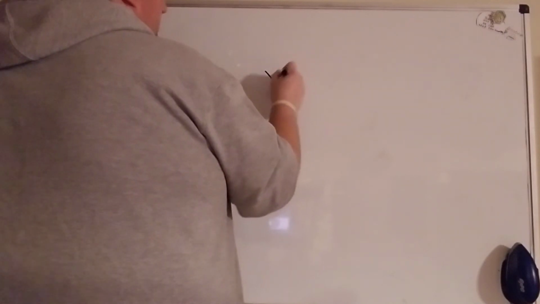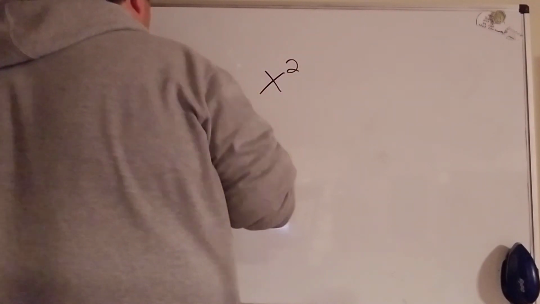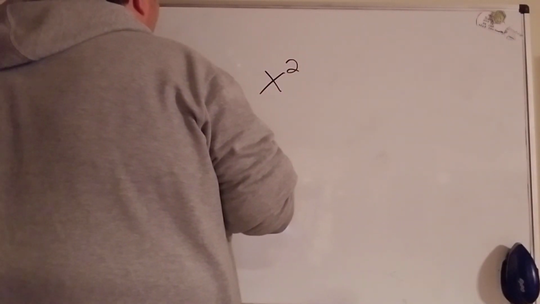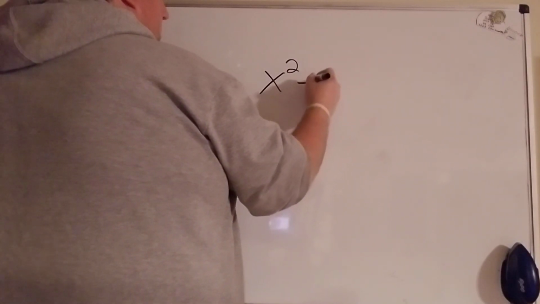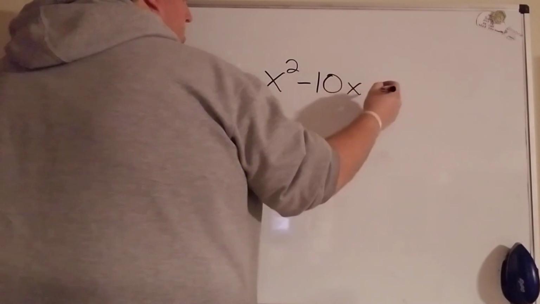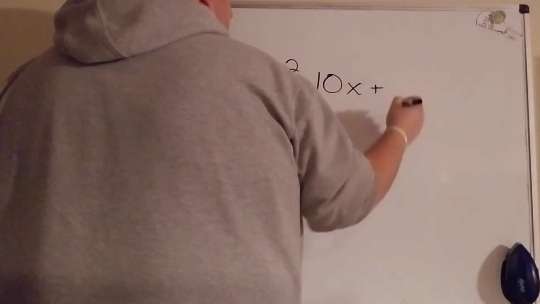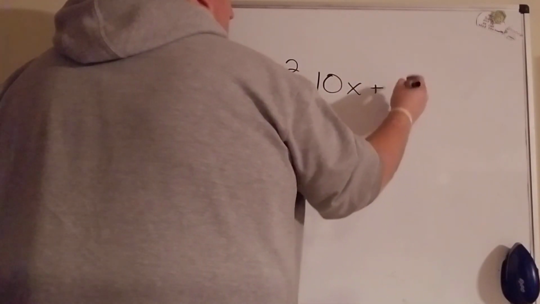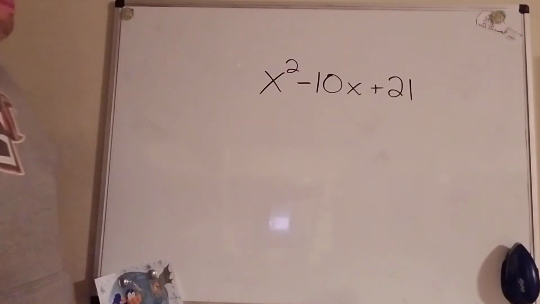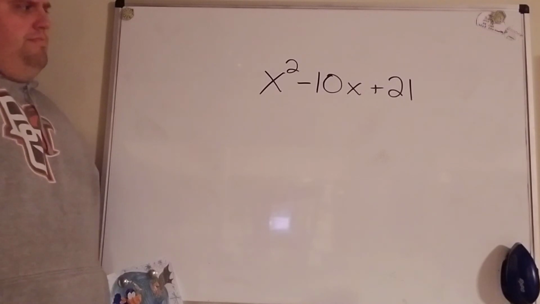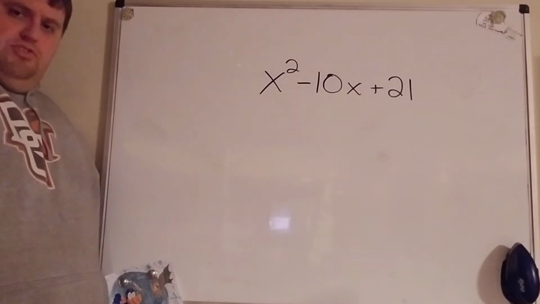How about x squared minus 10x plus 21. Okay, so we got this trinomial.